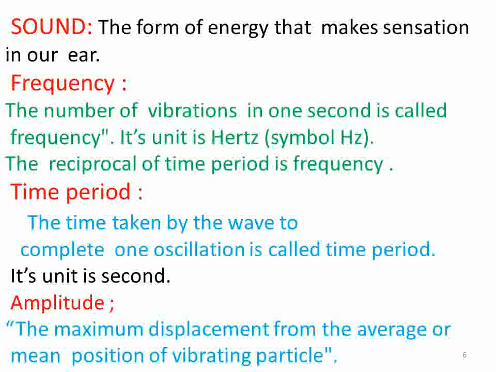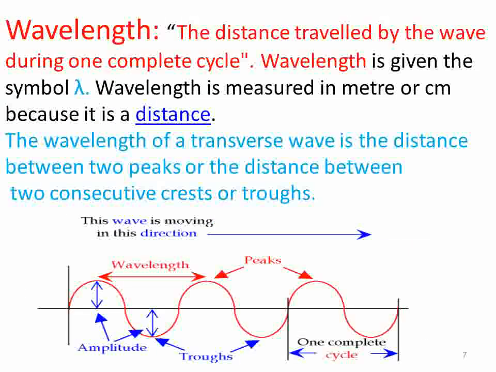We have to select only the maximum. The word maximum is here for amplitude. I am repeating again, the maximum displacement from the average or mean position of a vibrating particle is known as amplitude.